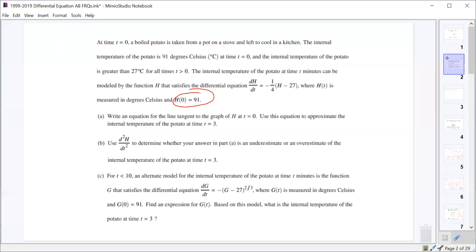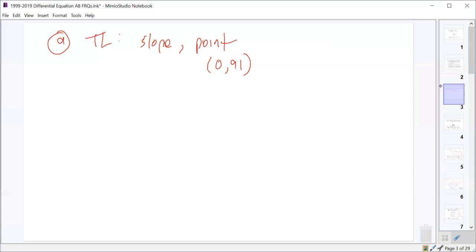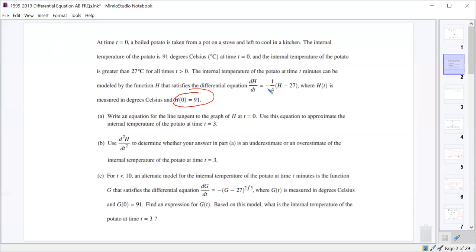And so we have to go back in and say, well, at t equals 0, what is dh/dt? So we'll say dh/dt evaluated at (0, 91) equals negative 1/4 of h minus 27.